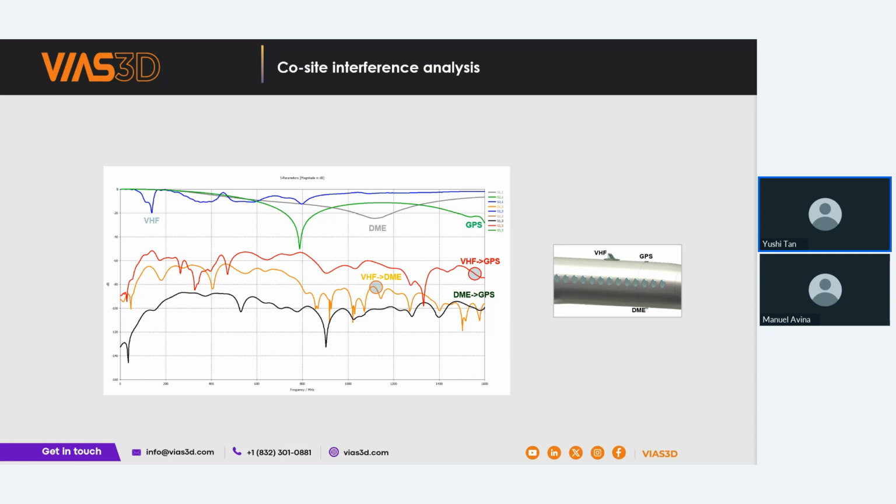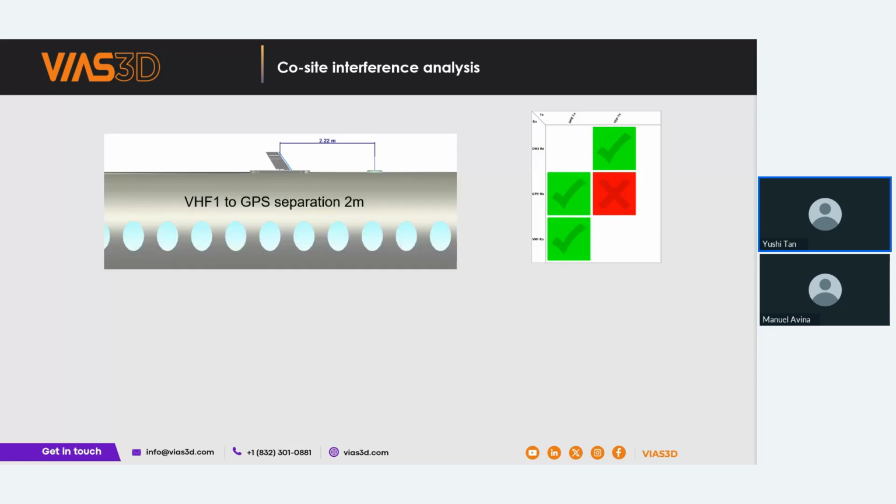So that's just one area to look at, and we can also take a look at the spacing between these antennas. In this case, let's say the VHF antenna to the GPS antenna separation is 2 meters or so. Now, when the VHF antenna is transmitting, it's clearly showing some kind of interference to the GPS antenna, right, in receiving mode.